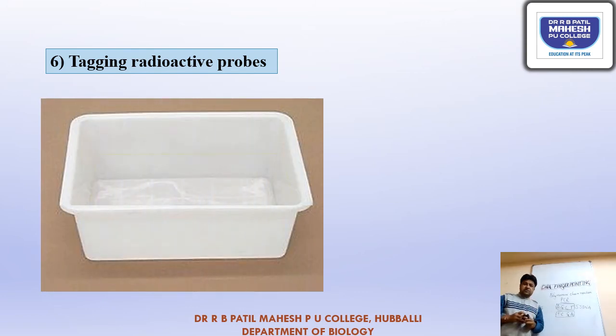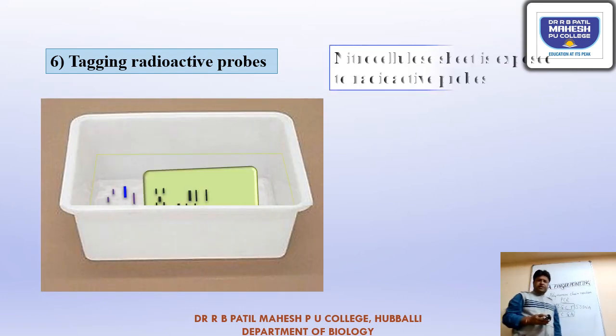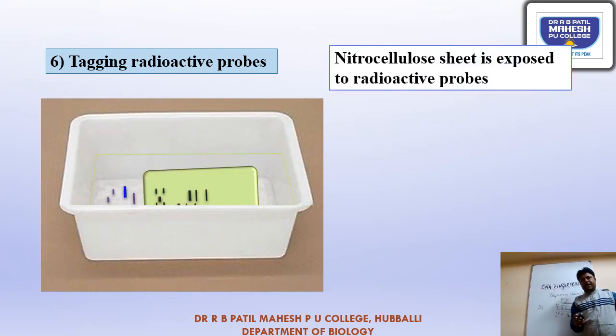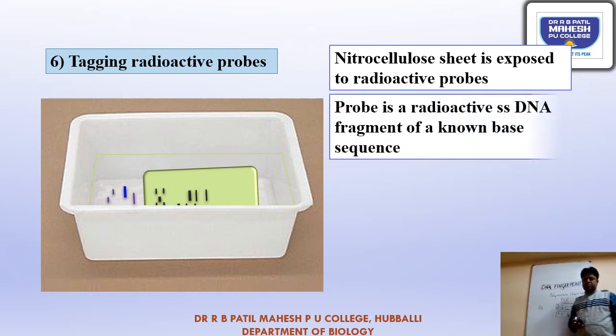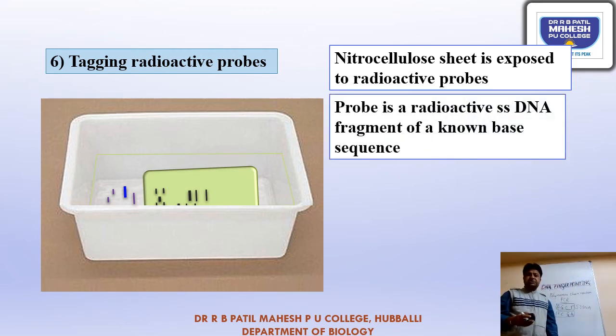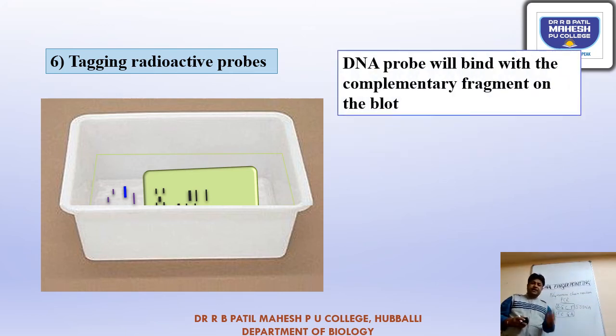Look at here. So the DNA on the nitrocellulose sheet is exposed to the radioactive probes, known DNA fragments. The probes are radioactive single-stranded DNA fragments of known base sequence, and they will bind with the complementary fragments on the Southern blot or the nitrocellulose membrane.